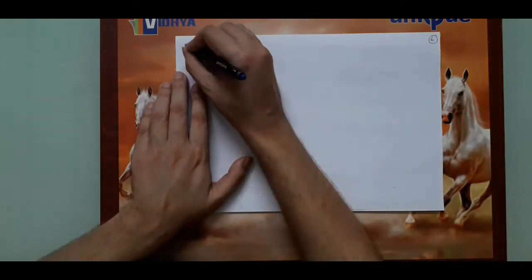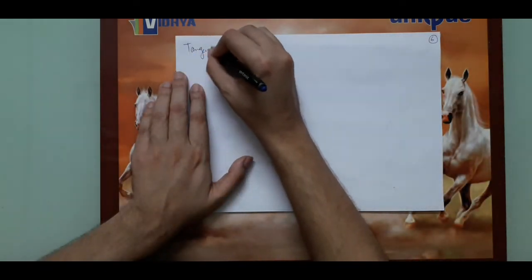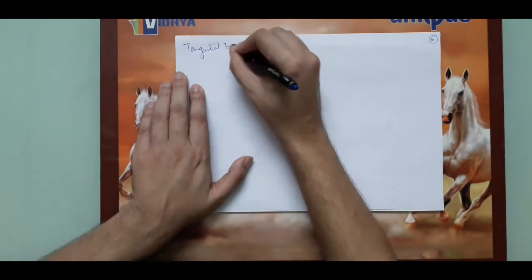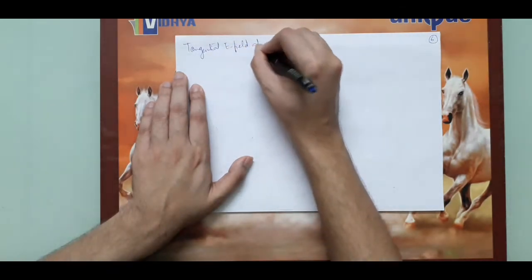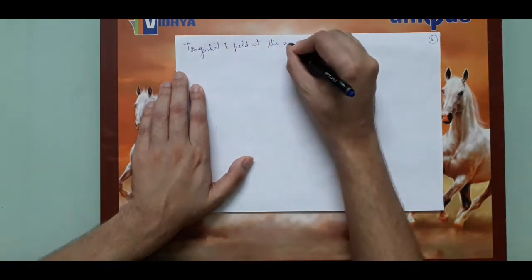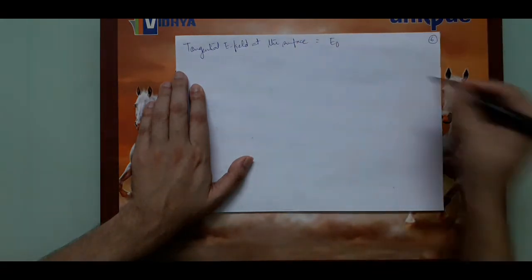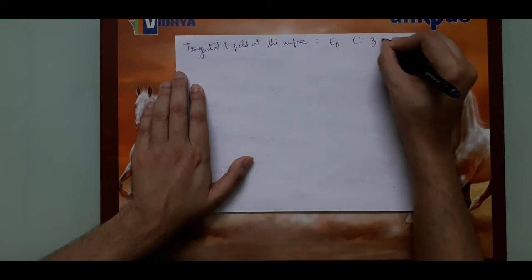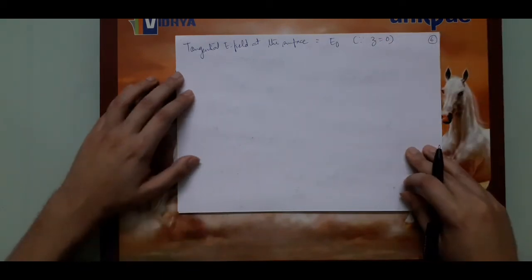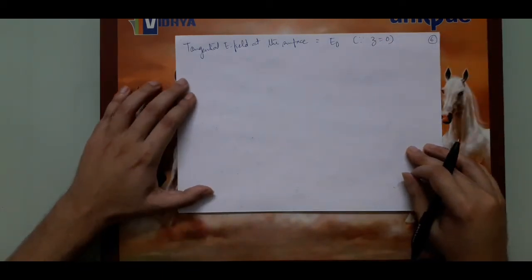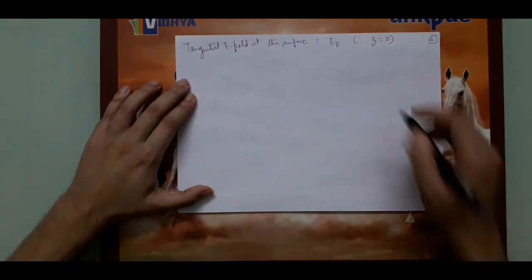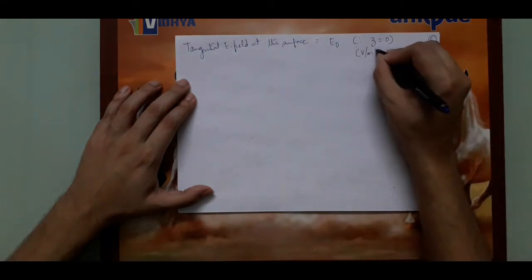So I can say the tangential E field at the surface is nothing but E0. Why? Since Z is equal to 0 at the surface or the boundary. Now what is the unit of E0? Volts per meter, or electric field.